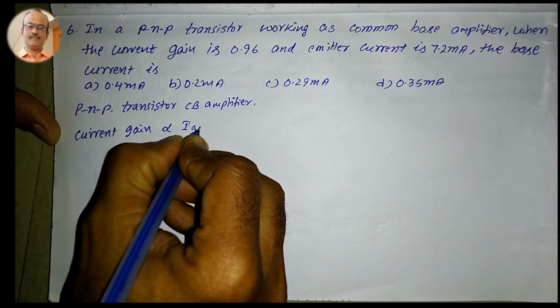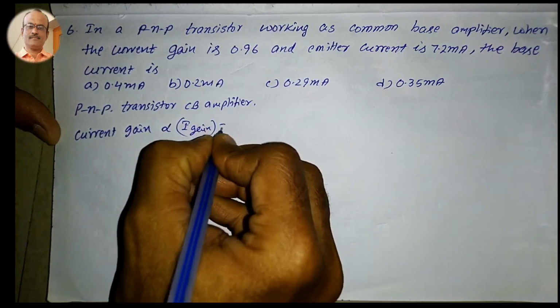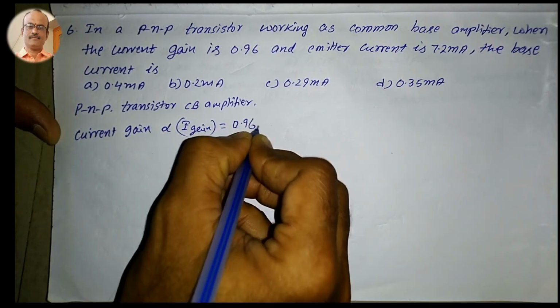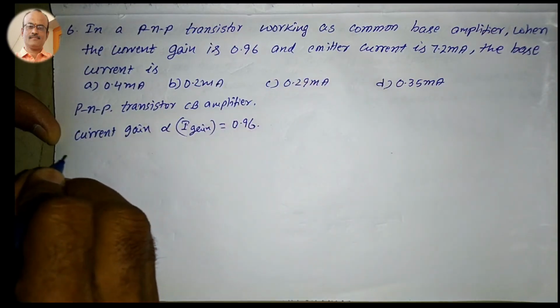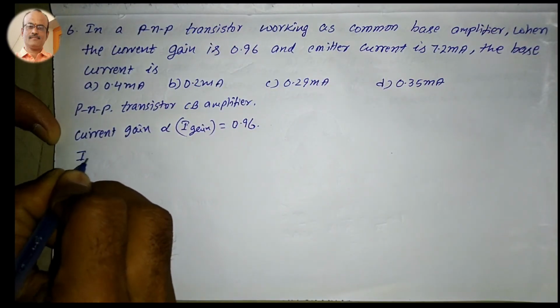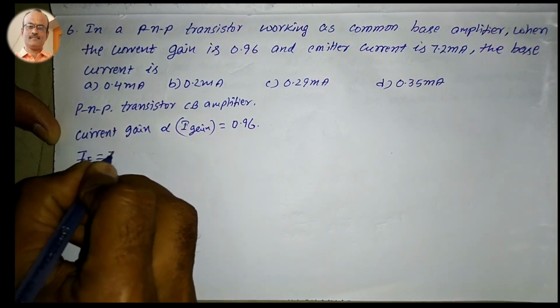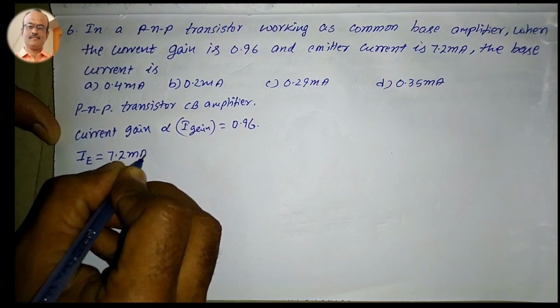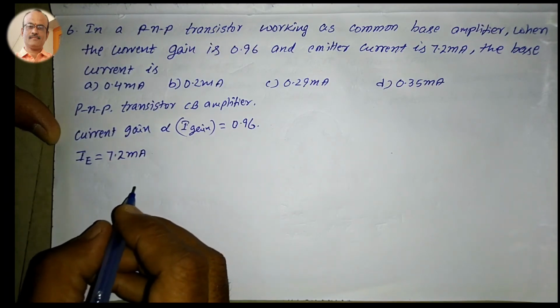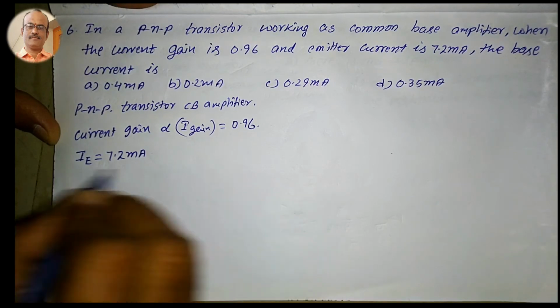I will take this one as alpha is equal to 0.96 and emitter current. So that means emitter current IE is equal to 7.2 milliamperes, and find what is the base current.